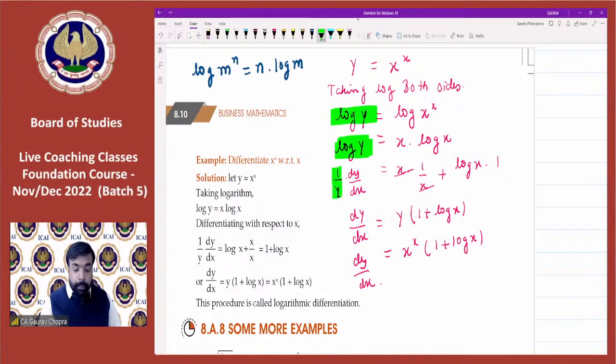Now, since we are differentiating with respect to x, we have to write dy by dx. So 1 upon y dy by dx. After that, to find the value of dy by dx, we shift y to the other side by cross multiplication and then get the final result.